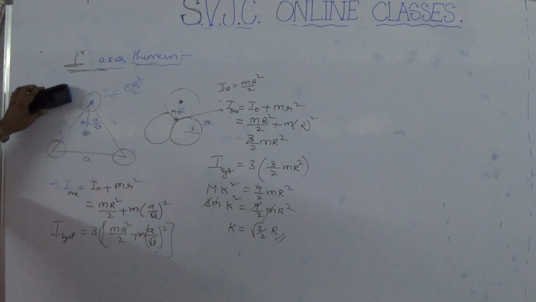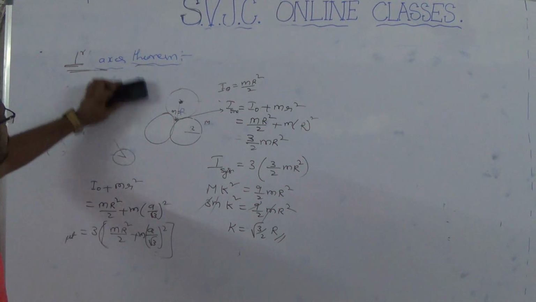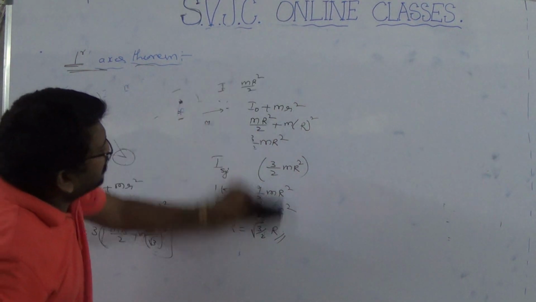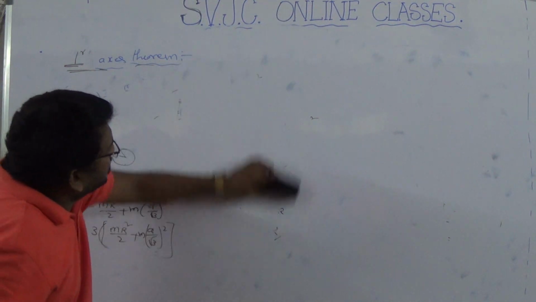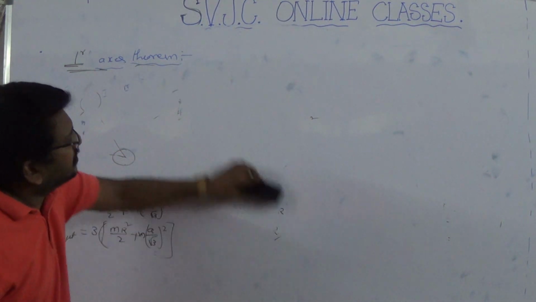So what is the meaning of the perpendicular axis theorem? What is the statement of the perpendicular axis theorem? The axes are perpendicular to each other.